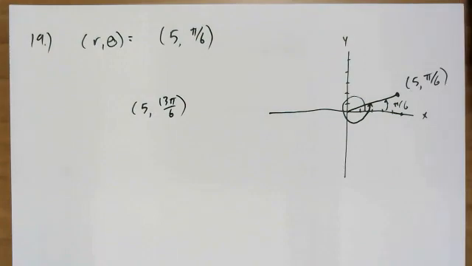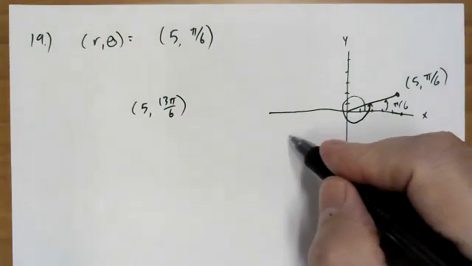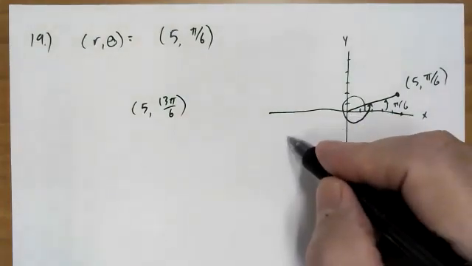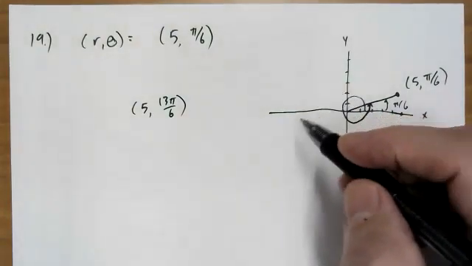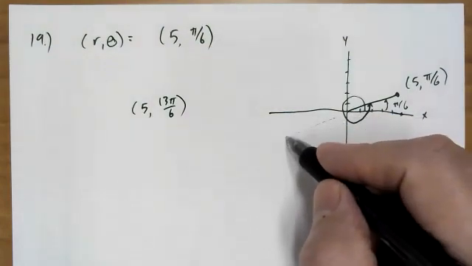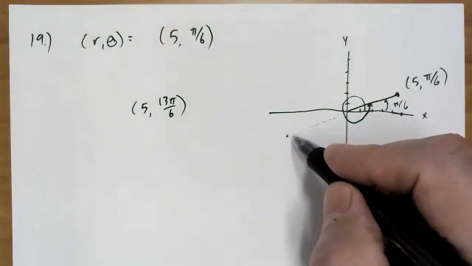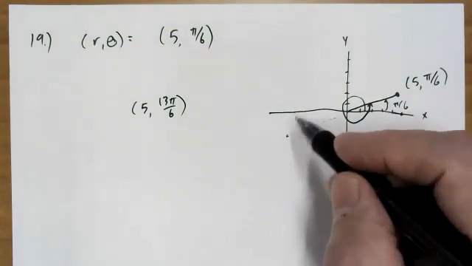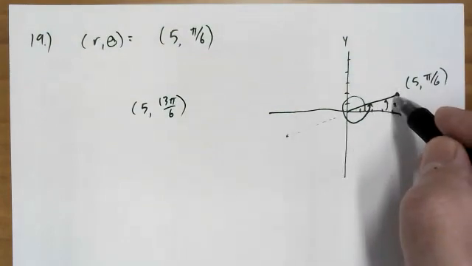Now they said they wanted at least one problem to have a negative r. So a negative r means what I really need to do is have my angle be over here. And then by making the r -5, it flips it over here.